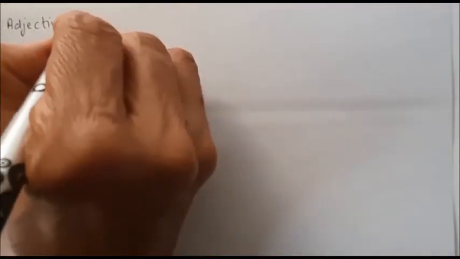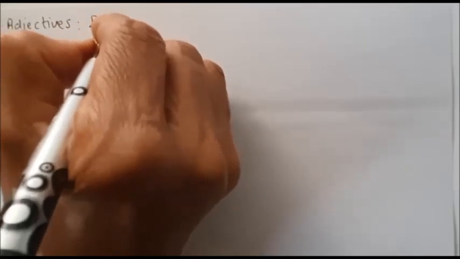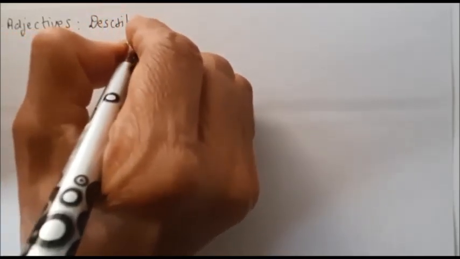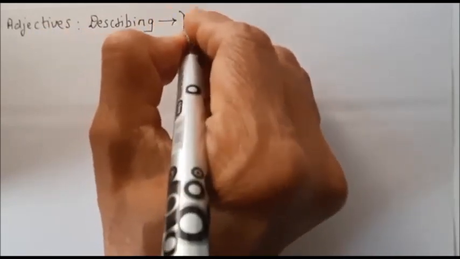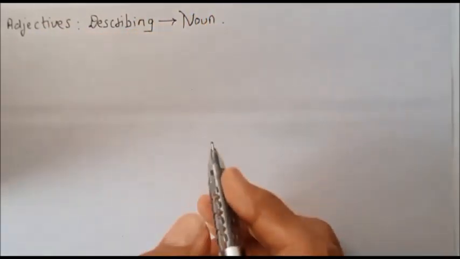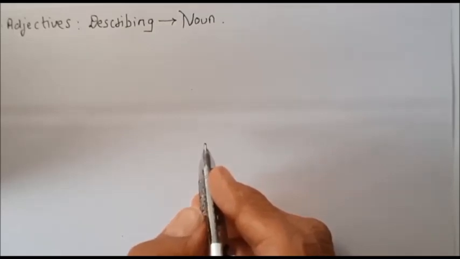Just as I told you before that adverb was related to describing a verb, similarly here you can take adjectives, which is describing a noun. When you describe any noun, it is called an adjective.